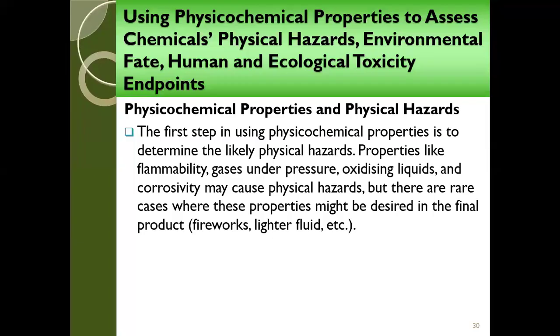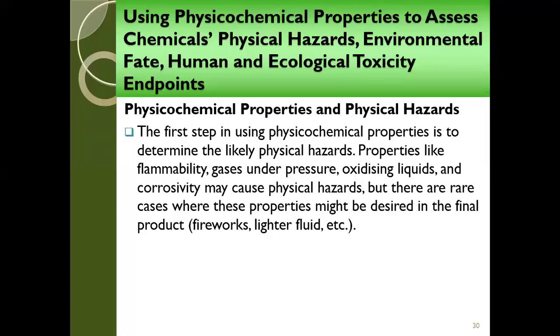Right. So I want us to look at this aspect now, using physical-chemical properties to assess chemicals, physical hazards, environmental fate, human and ecological toxicity endpoints. I always tell you not to mind so much about the big headings. Sometimes they are repetitious, so you don't need to be scared by the big heading.